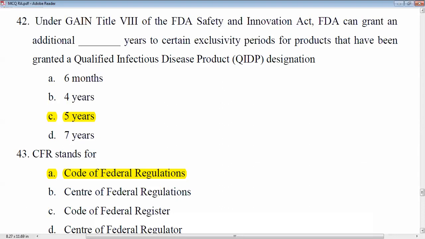The options are: A is 6 months, B is 4 years, C is 5 years, and D is 7 years. So the correct answer is 5 years. Under GAIN Title 8 of the FDA Safety and Innovation Act, FDA can grant an additional 5 years to certain exclusivity periods for products that have been granted a qualified infectious disease product designation.